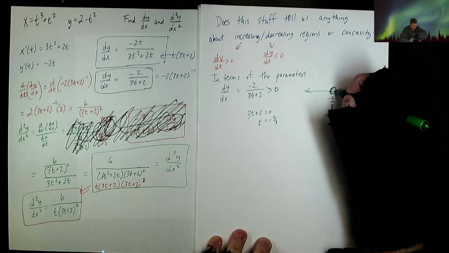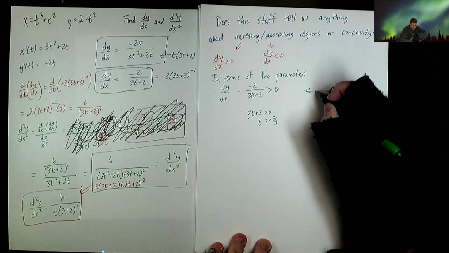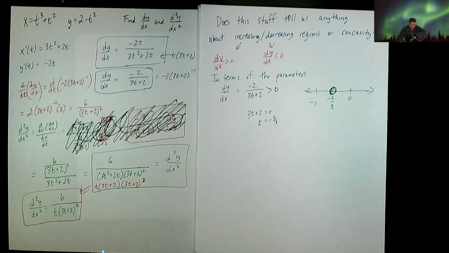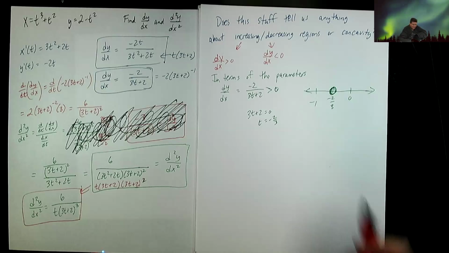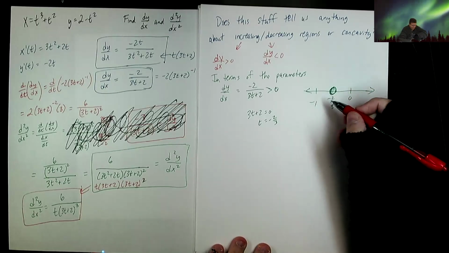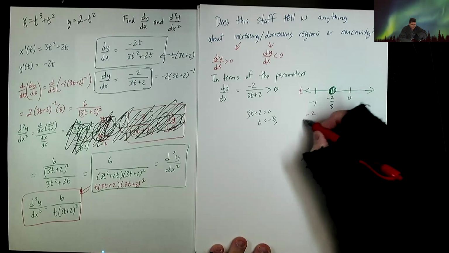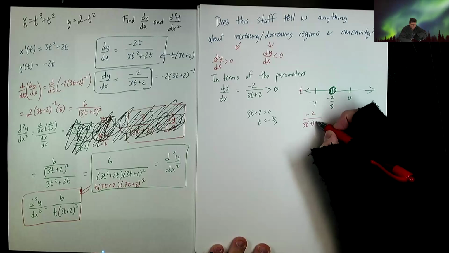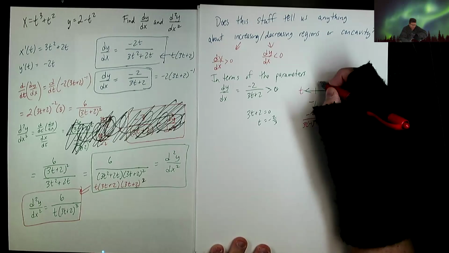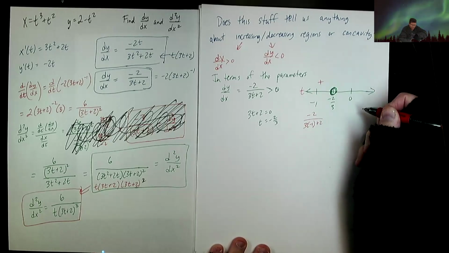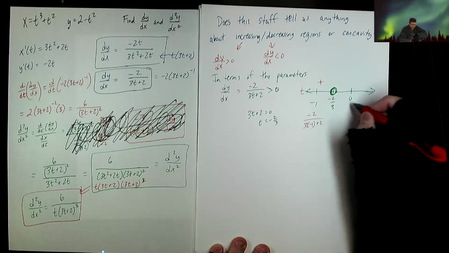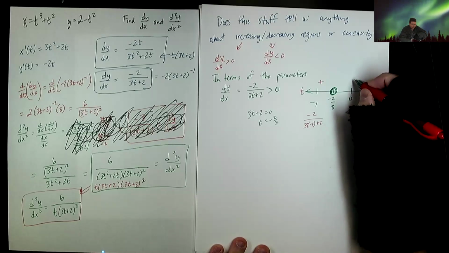I have a 0 there. I can't have it. Maybe test -1 and 0 and see what's happening. If I stick in -1 for t, I got -2 over (3 times -1 plus 2). This is positive. And if I stick in 0, I have -2 over 2, which is negative.